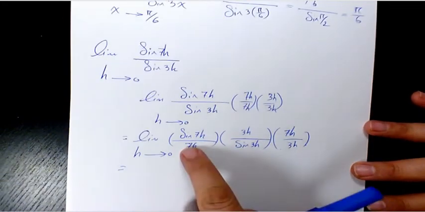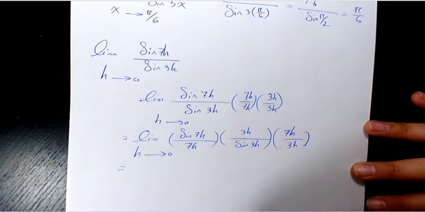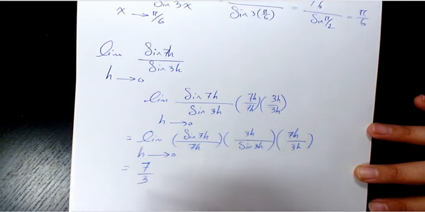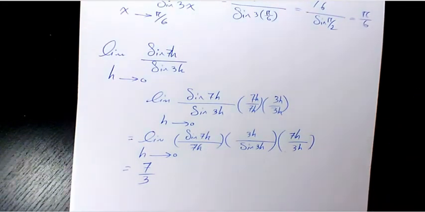It is going to be 1 times 1 times 7 over 3. So the answer is going to be 7 over 3.